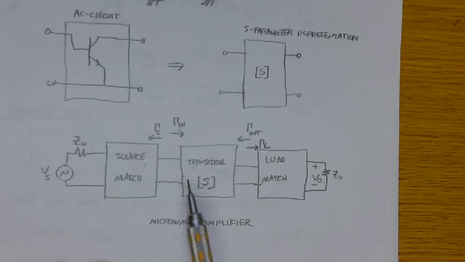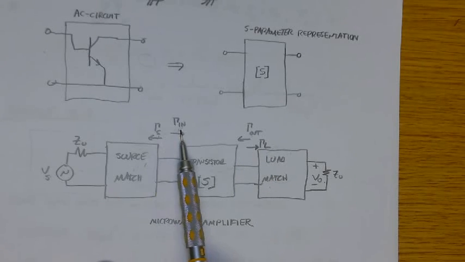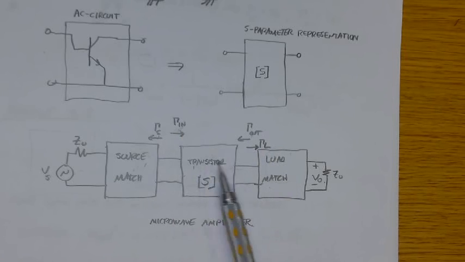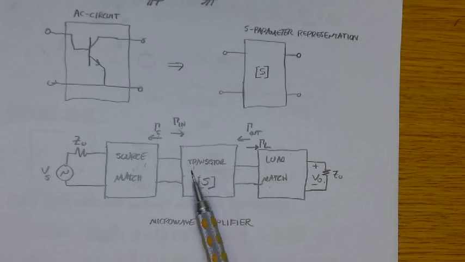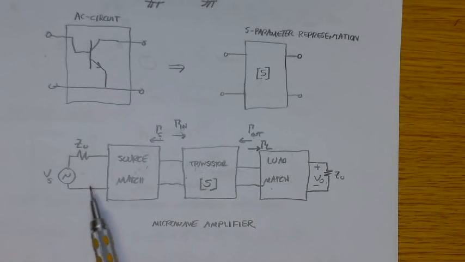So we're going to want gamma S to be S11 conjugate, and gamma load to be S22 conjugate, where S11 and S22 are obviously the S parameters of the transistor. Okay, so it's a little different than matching.